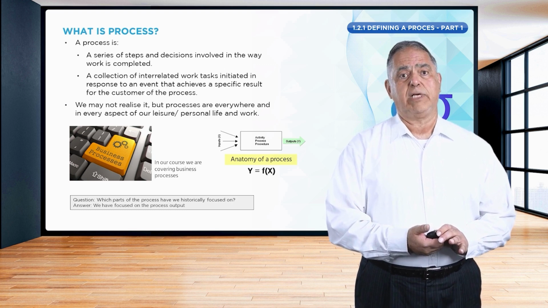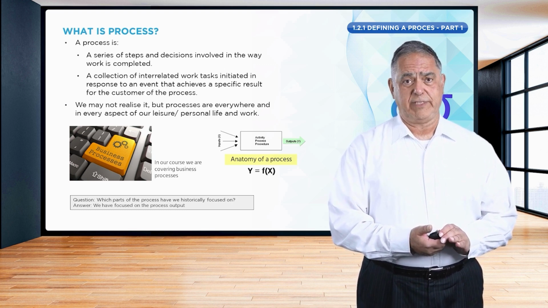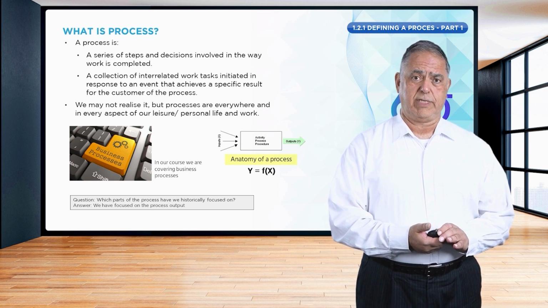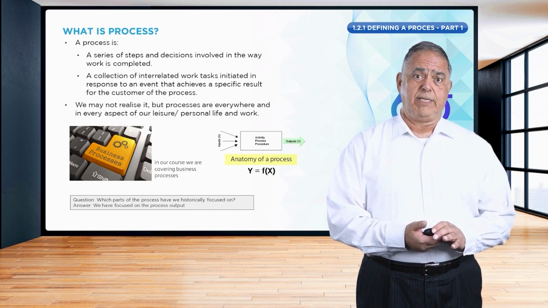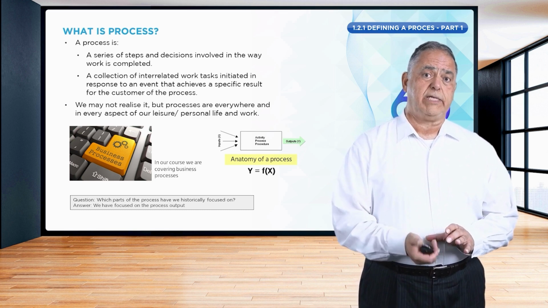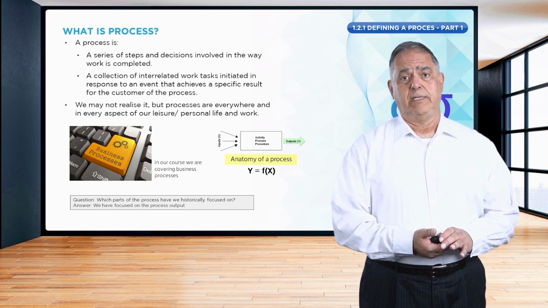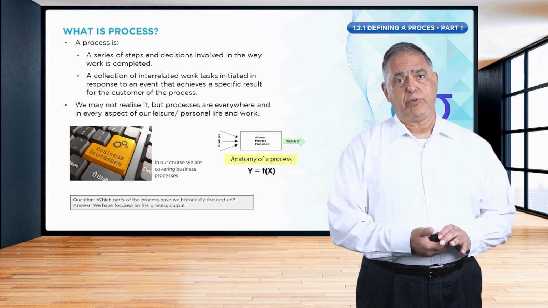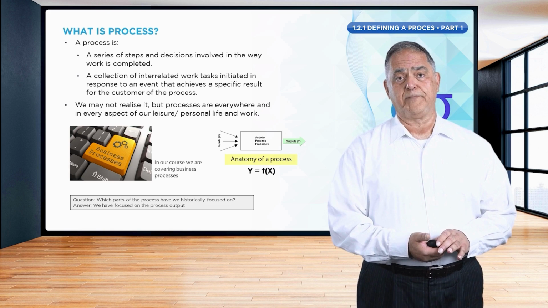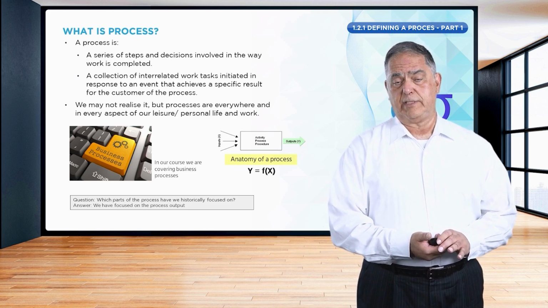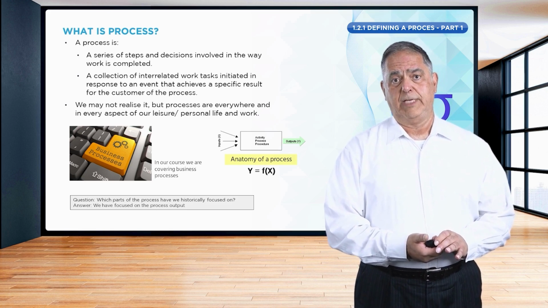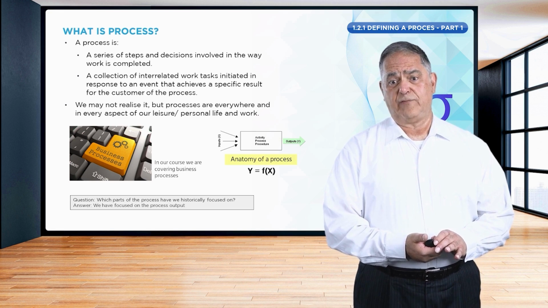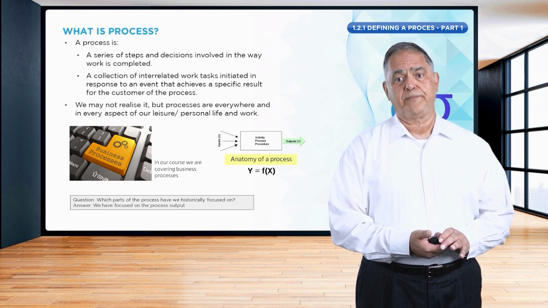Then we have tasks, activities, and decisions between the process start and the process end, and these are also indicated as x's, and the outputs are y's. Uppercase Y's for the critical outputs, and lowercase y's for all the other outputs.